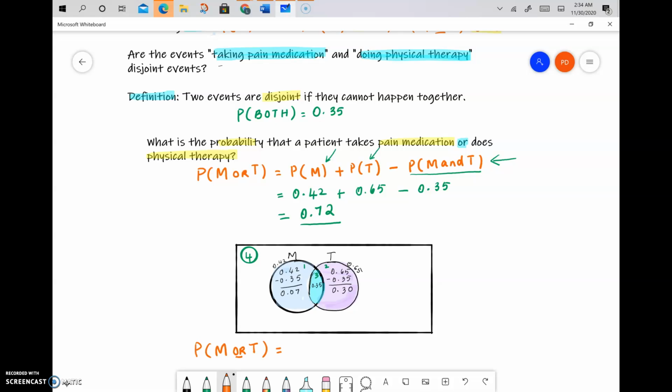But here, since we've separated everything out and cleaned up the numbers, we look at the Venn diagram and we add certain numbers.